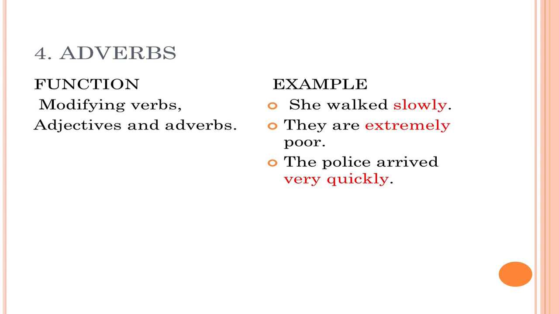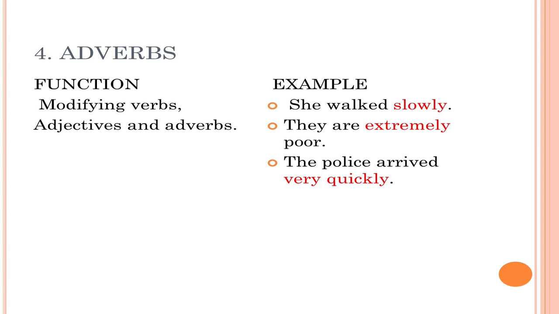Look at this example. She walked slowly. In this example, the word slowly is an adverb. It tells us how she walked. In other words, we can say it is an adverb of manner.